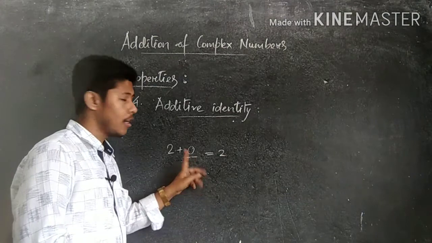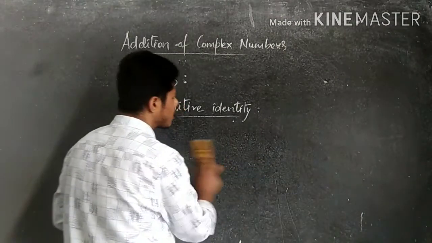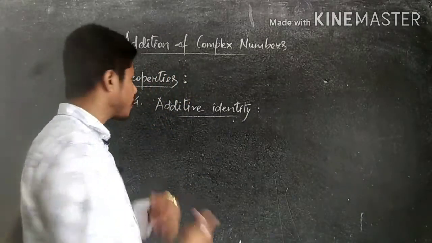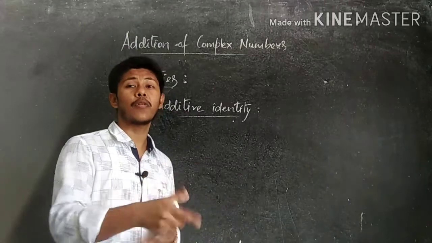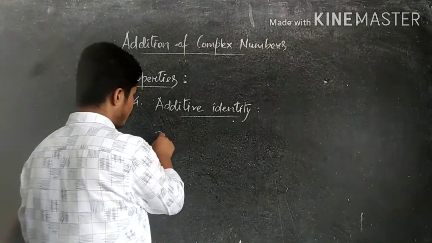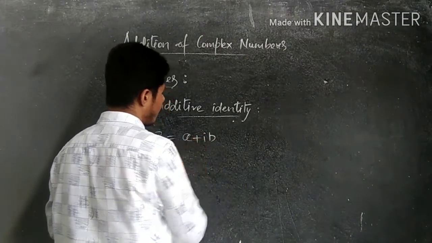Is it clear? So now here we discuss about complex numbers. So in case of complex numbers, what is the additive identity? So that's why here remain existence. Thakibo pare na thakibo pare. Suppose we consider a complex number, and which one is a plus ib.